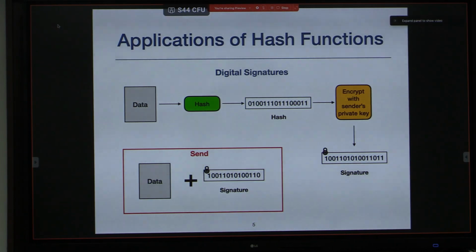Generally, how digital signatures work is you hash them, output a digest of small size, and that is encrypted with the sender's private key to obtain the signature, and then it is sent with the data. And irrespective of the size of this data, the hash function would have to output a fixed length string.